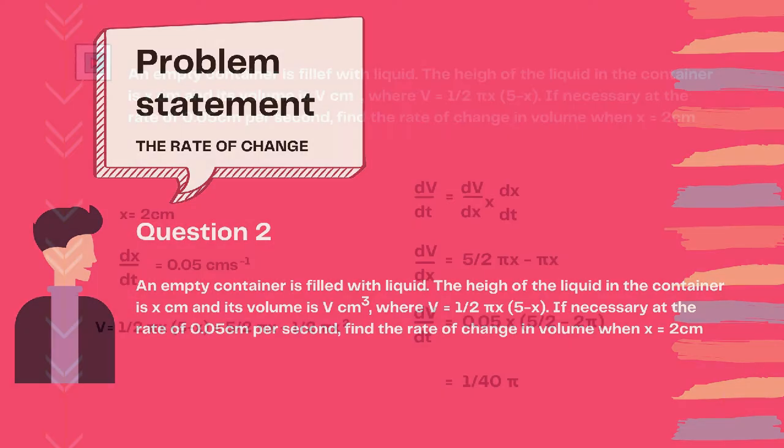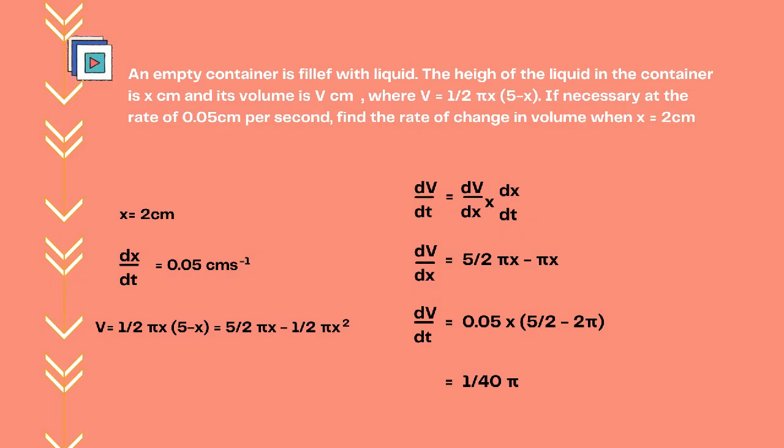We need to expand the volume, which equals 5 over 2 pi x minus 1 over 2 pi x squared.